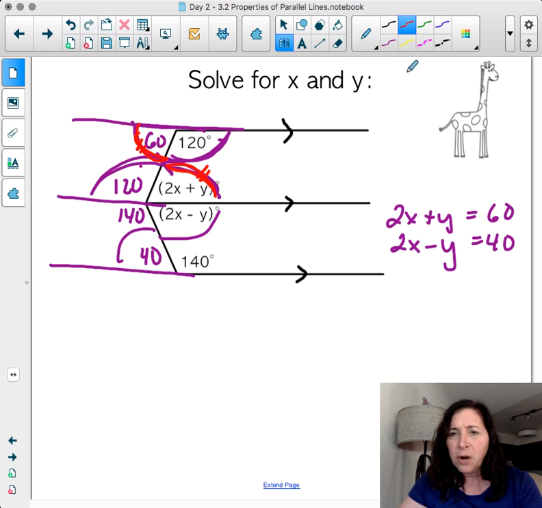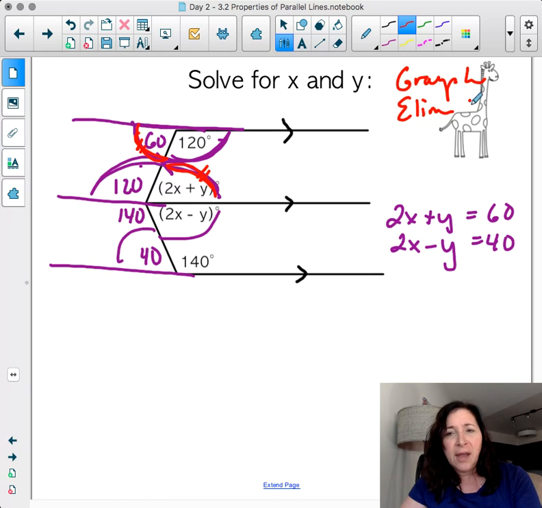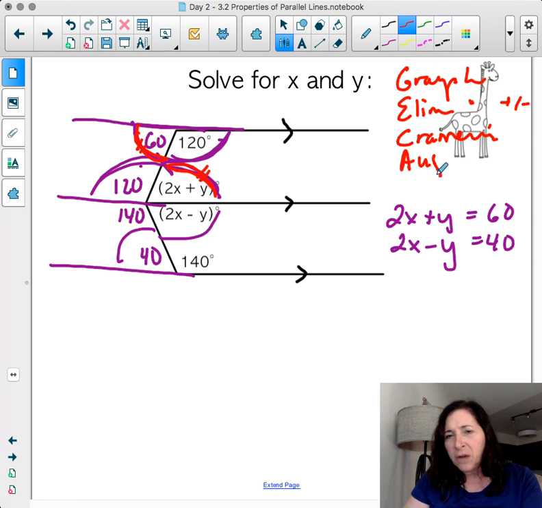Some ways are, let's say, the graphing method. You've got what we call the elimination method, and sometimes you can have multiplication with addition and subtraction. You also could solve that by something called Cramer's rule, which is really fun. Or you could solve it by something called augmented matrices, which we haven't learned yet, but is also pretty fun.